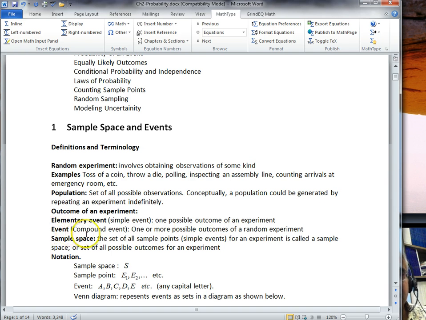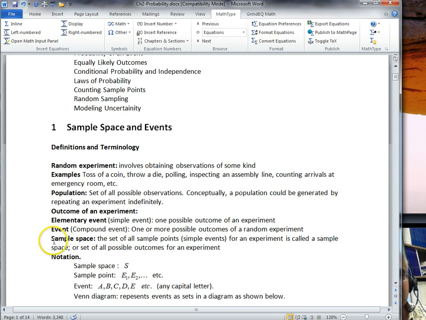Now an event or a compound event is one or more possible outcomes of a random experiment. How is that different from an elementary event? Well, if you throw a die and you are interested in observing an even value, so that's 2, 4, and 6, that's a compound event, right?